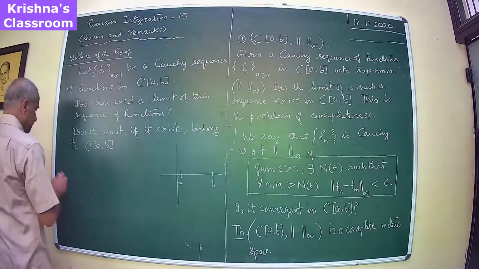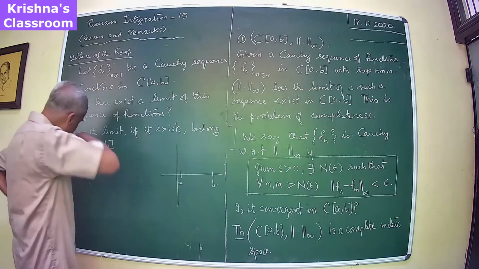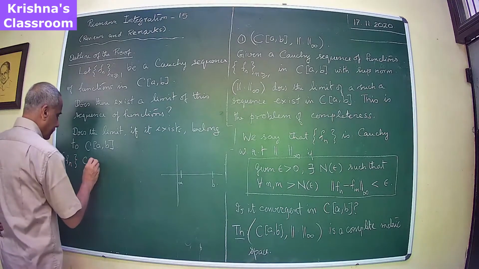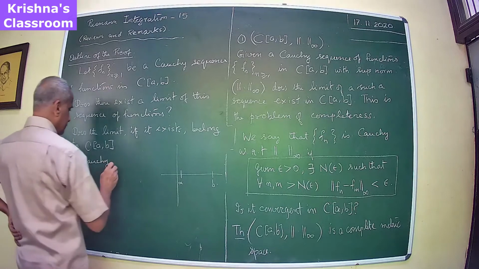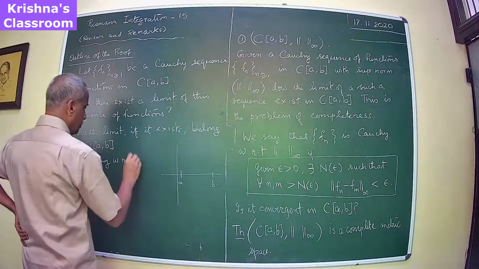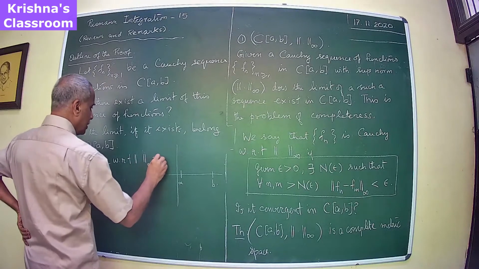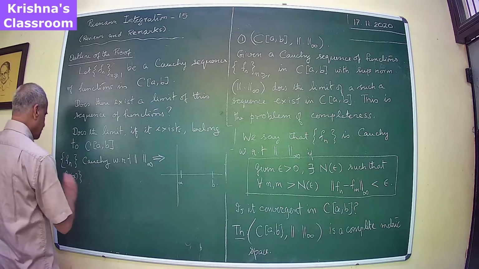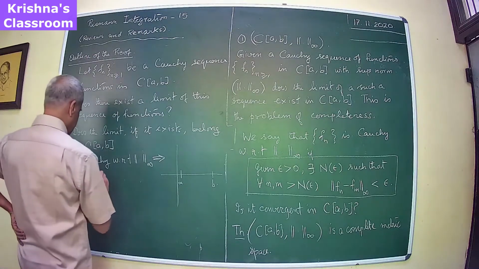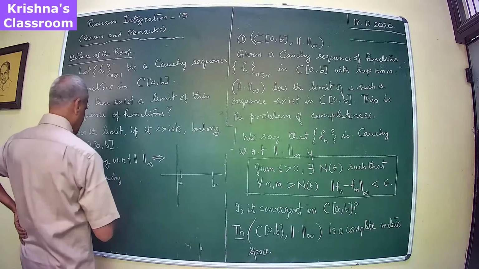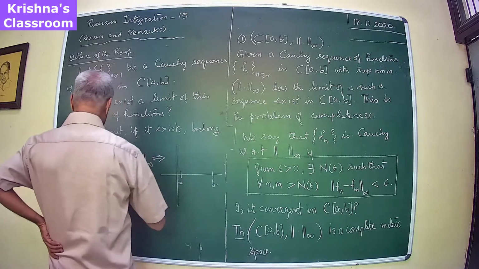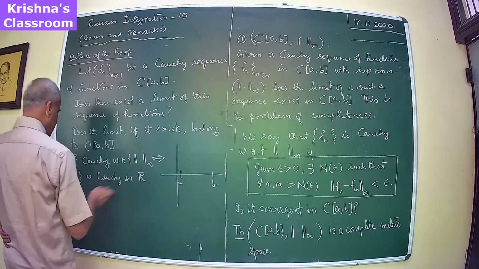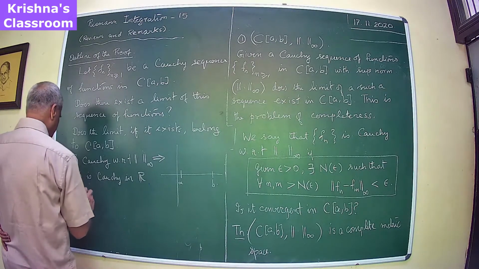Now you see that Fn Cauchy implies Fn(x) is Cauchy for every x belonging to [a,b].